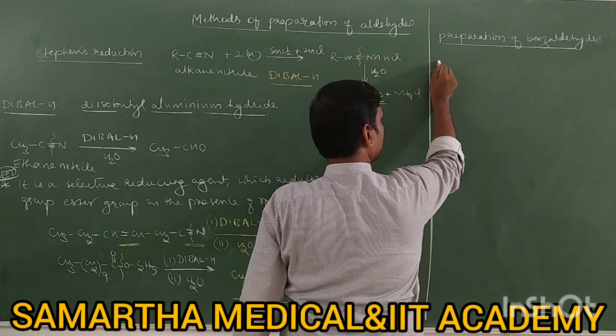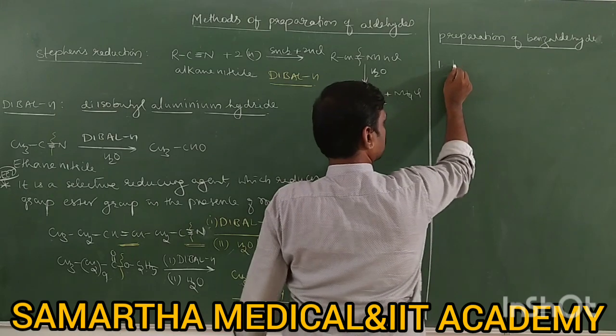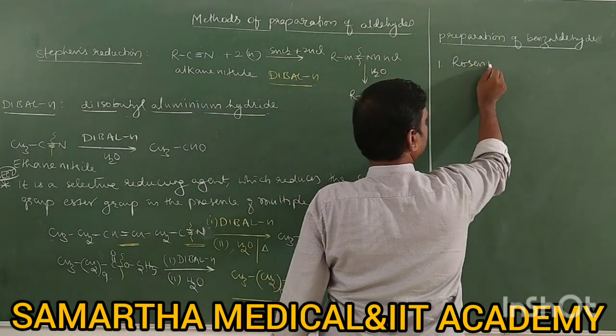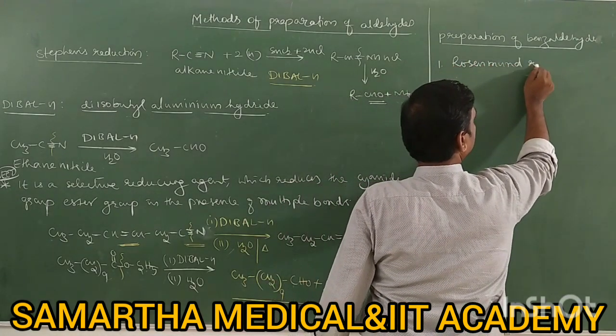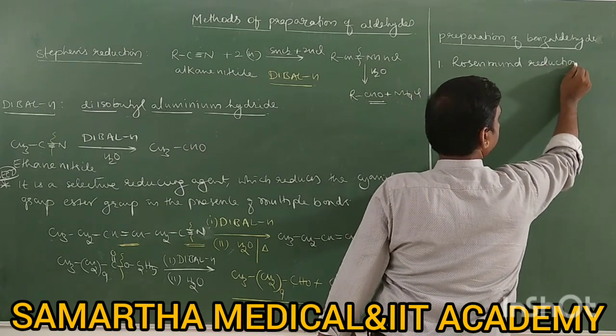Benzaldehyde can be prepared by: 1, Rosenmund reduction, it is a name reaction.